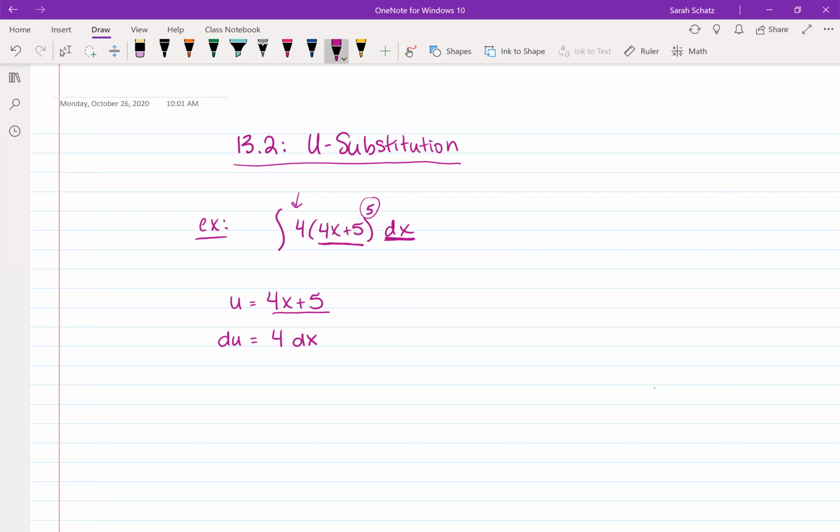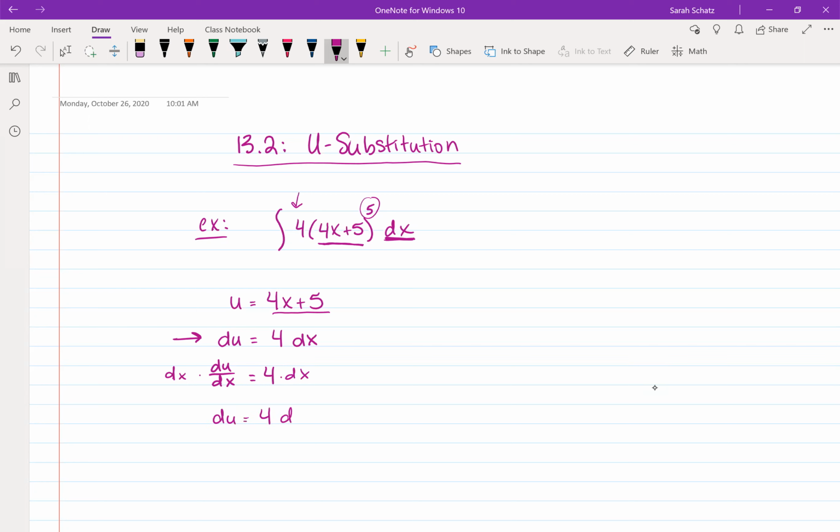Let me think of another way to say that so you can understand. Remember when we did implicit and we were doing a lot of dy dx, or we had the fraction? Could I rewrite this here as du dx? So the derivative of u with respect to x is 4. Look what I did with the dx. If you multiplied that on both sides, you would get what we have here.